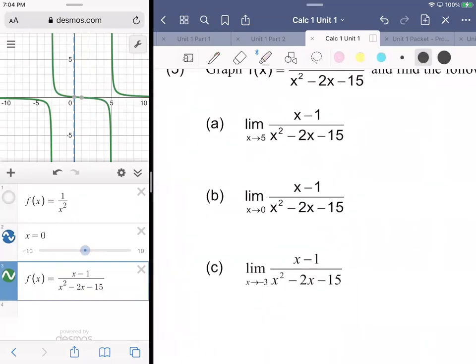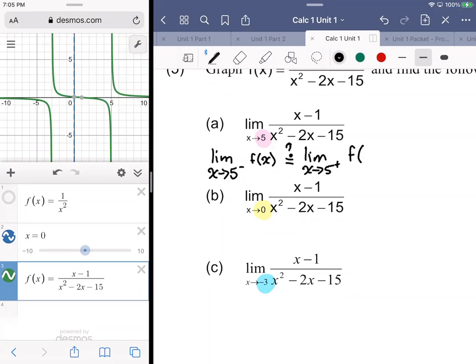Now we have 3 distinct limiting constants. All right. So on our own, we have to find the limit as x approaches 5 from the left of this function f of x, and see if it's equal to the limit as x approaches 5 from the right of that same function f of x, where this whole thing is our f of x.